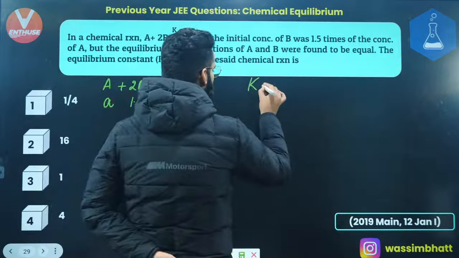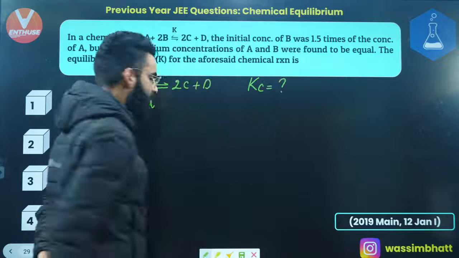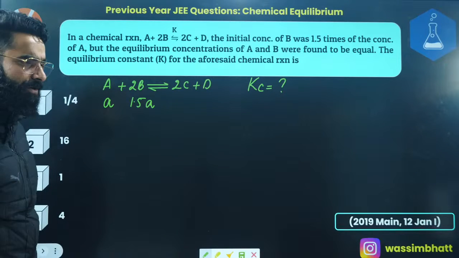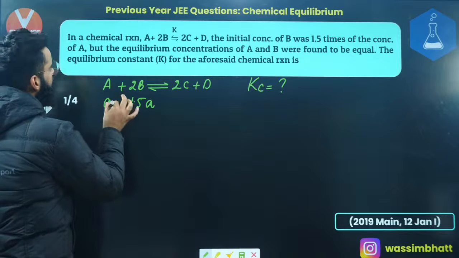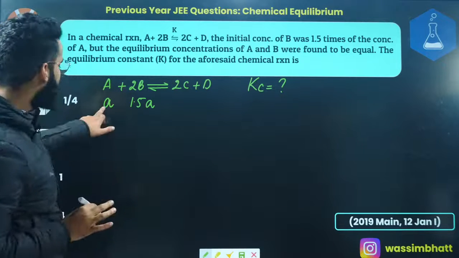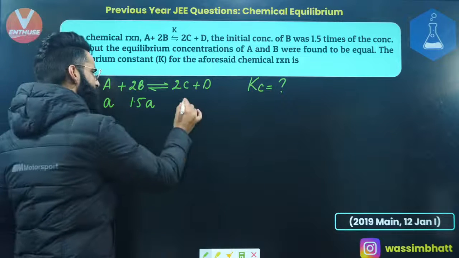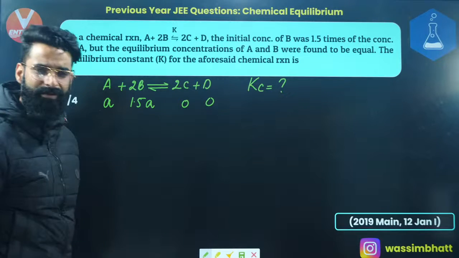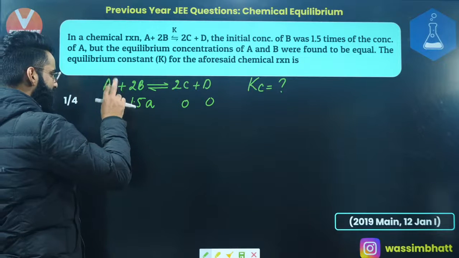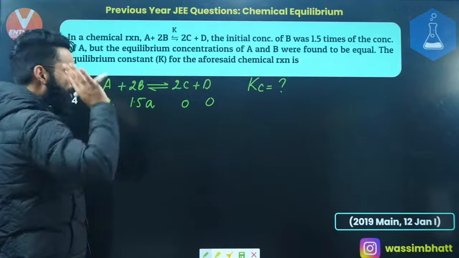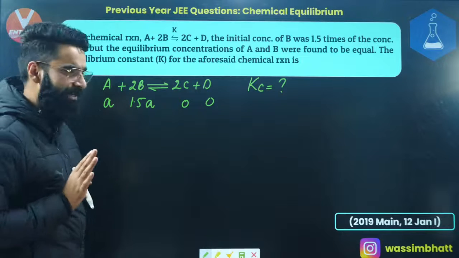So we are supposed to calculate the equilibrium constant for the reaction. Let's see exactly how this question is solved. At time t equal to 0, I'm given the initial concentration of reactants, and the products are going to be 0, because the reaction has not started yet. Let's treat these concentrations in a similar way as we treat moles.